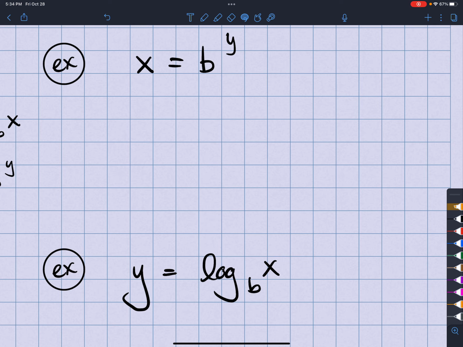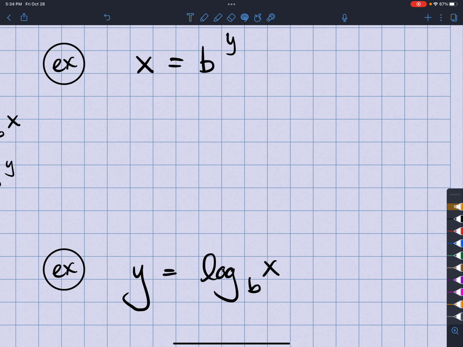What I'm going to do here is show expanding and condensing, so let me do examples of that, and then we'll talk about equations later, all right?